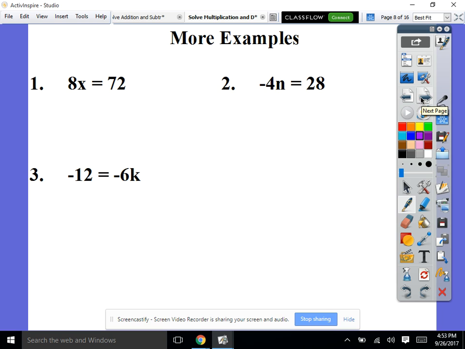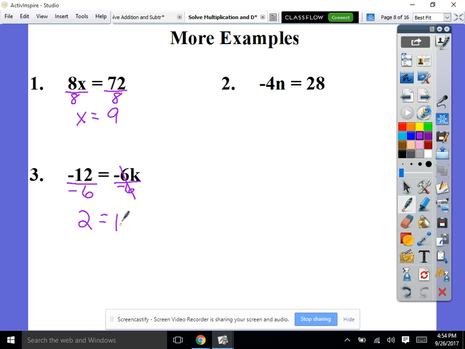All right, what do we divide by here? Divide by the coefficient of 8 on both sides. So x equals 72 divided by 8 is 9. And then you can say 8 times 9, which is x, equals 72. We're going to divide here by the coefficient, negative 6. So negative 12 divided by negative 6 is 2.